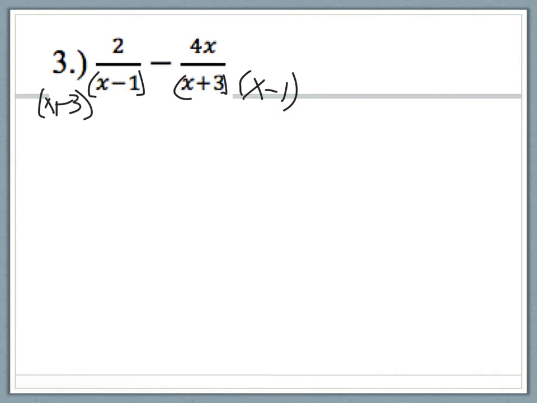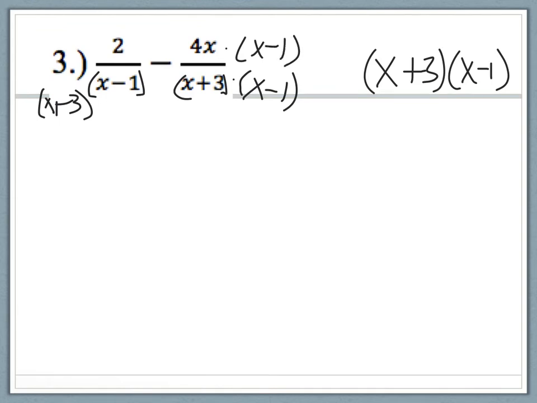So my common denominator is just going to be x plus 3, x minus 1. But if I multiply it to the bottom, I have to multiply it to the top. So the top is going to be x minus 1, and I'm going to write it over here as an x plus 3 for my 2. So let's go ahead and multiply these out.